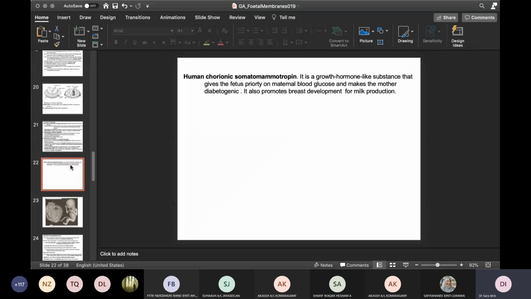So this can make the mother diabetogenic. Other than that, somatomammotropin also promotes breast development for milk production. The mammo part means the mammary glands, so it helps to promote breast development in the mother for milk production.